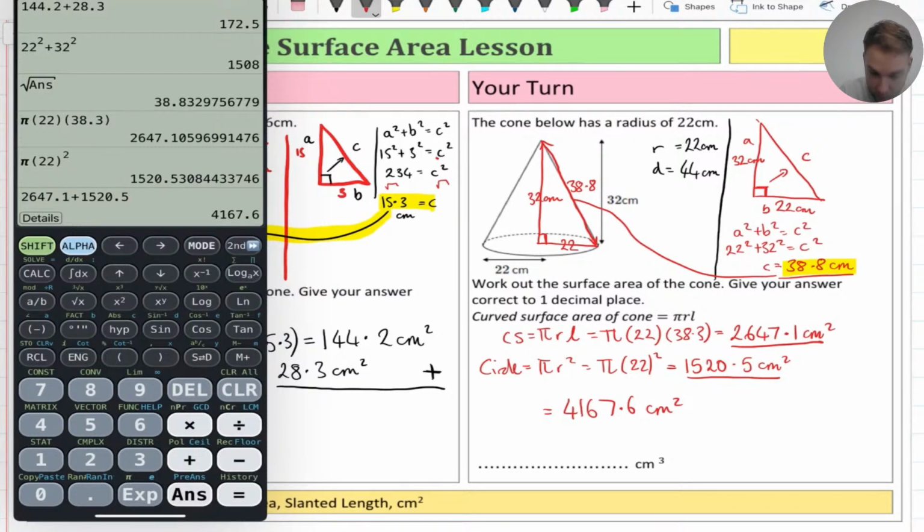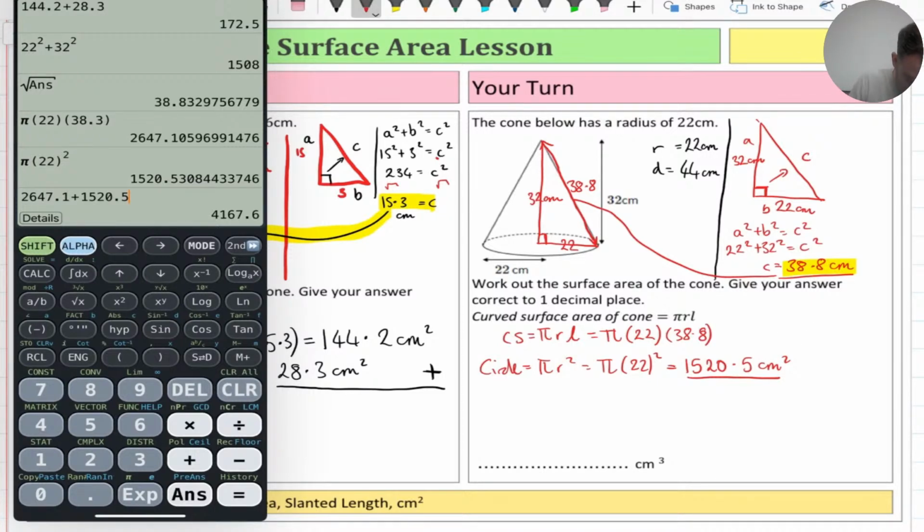What mistake have I made there? Oh, I have made a little silly mistake, haven't I? Let me just correct that. So I just copied it over wrong. It's this part here, isn't it? That should be 38.8. So just correct that.